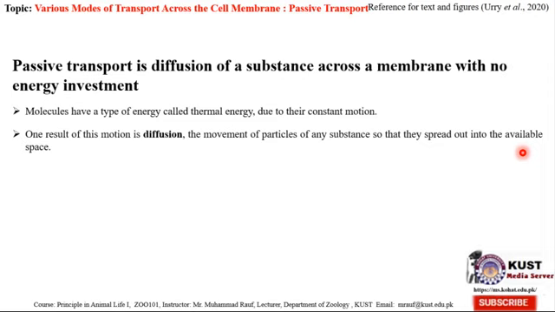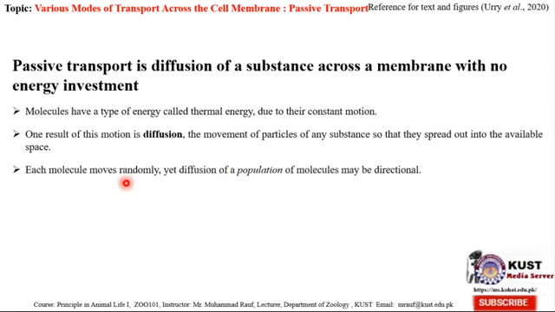So the molecules tend to move from an area of higher concentration towards an area of lower concentration, till a time is reached when the molecules are uniformly distributed in the available space. Thereafter the movement of molecules also takes place, but a dynamic equilibrium is established.